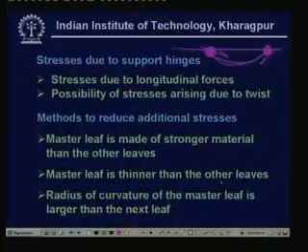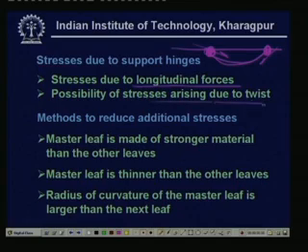So, one has to find some ways so that the stresses in the master leaf are reduced. Okay? That means the master leaf stresses should be reduced compared to the other stresses arising due to the longitudinal force and a possible twist.